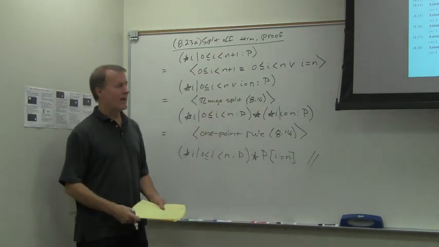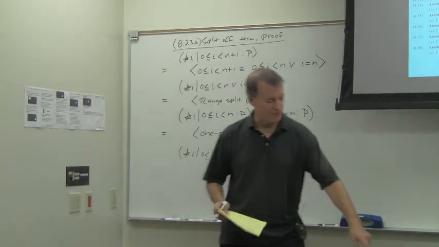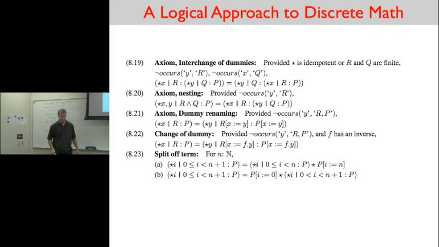And so guess what you will do for me for the homework next time, besides doing that little lemma? You will prove for me 8.23b. It's so easy. Why even assign it? Just so that you will do it, just to get experience in doing these things, all right?